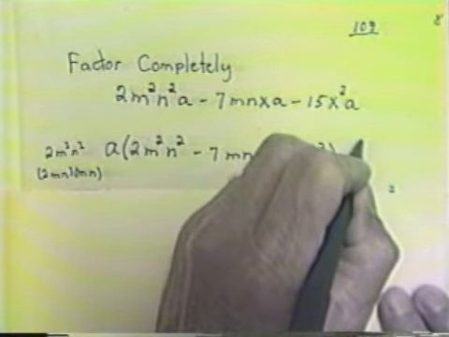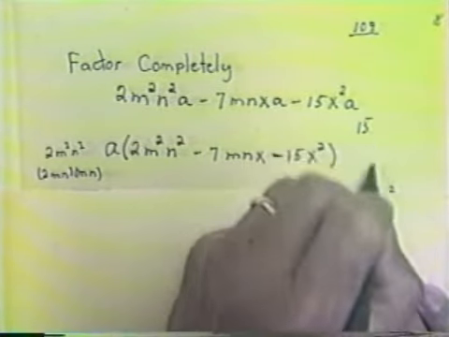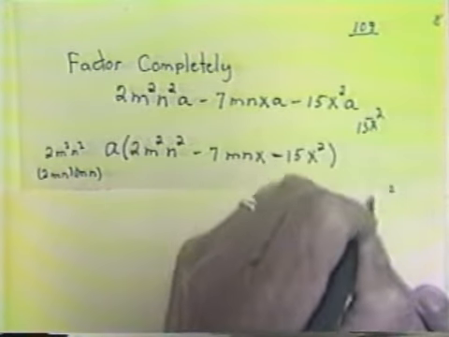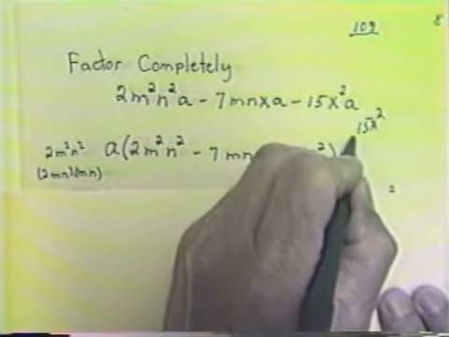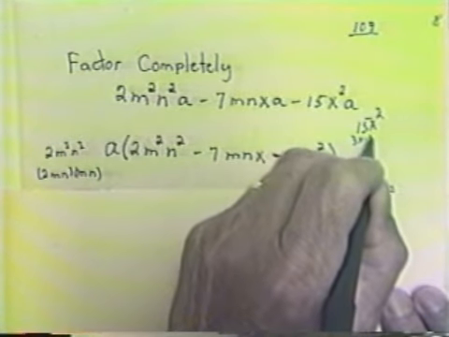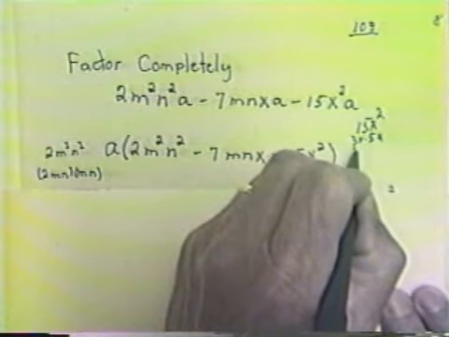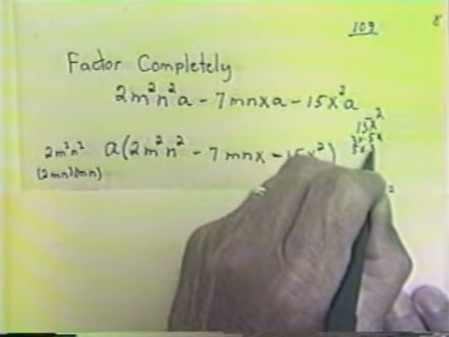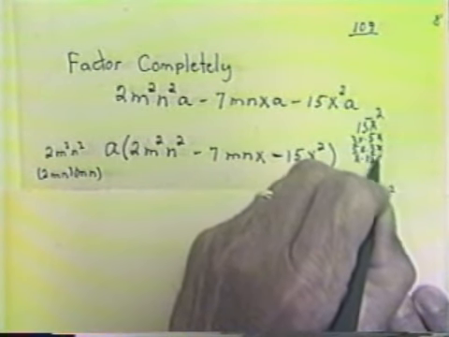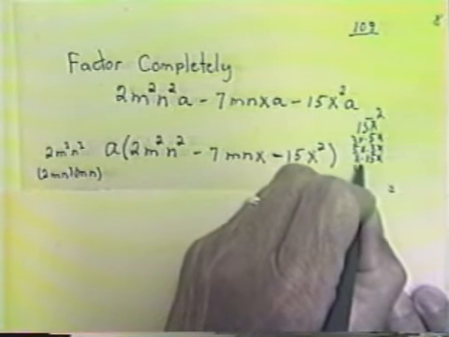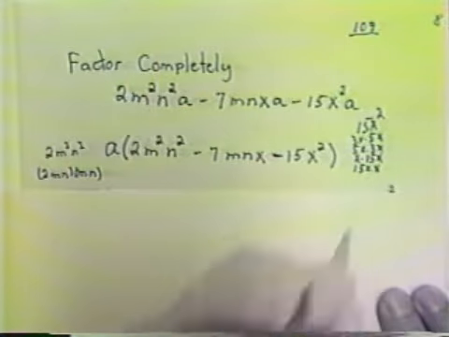Now I want to list the ways of getting 15x squared. Well, we have several ways to get 15x squared. 3x times 5x, 5x times 3x, x times 15x, and 15x times x.